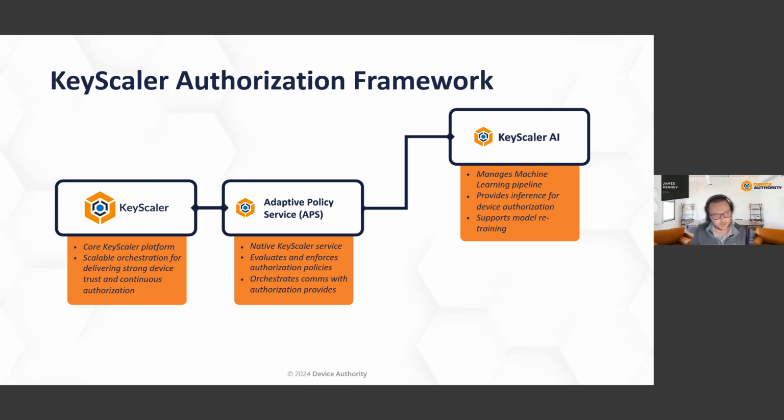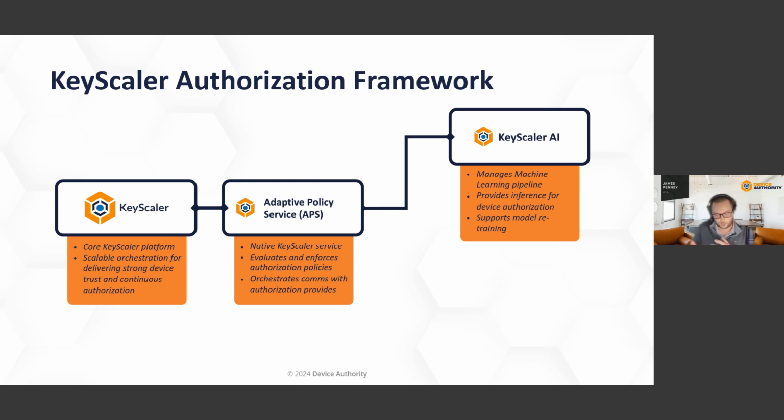KeyScaler AI is an additional service. It manages basically the whole machine learning pipeline, and it uses a lot of data that it processes at a tenant level, so it still supports multi-tenancy, to learn certain characteristics about the system.